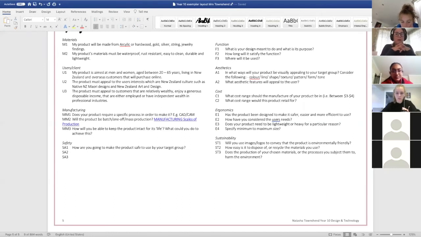Vasu, what about thinking about making it easy for people who have visual impairments? How could we think about making sure it's easy to function, easy to use for them?